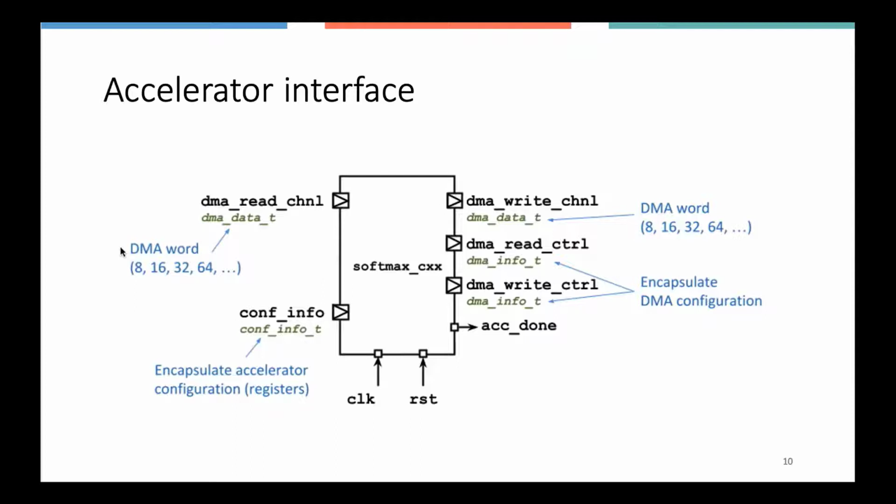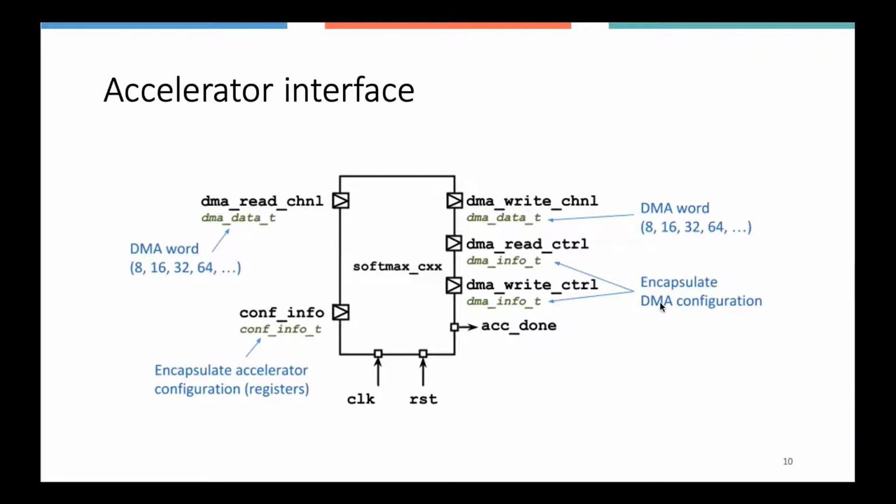To communicate with the CPU via memory mapped registers, we have a conf info port. This essentially encapsulates the accelerator configuration, the memory mapped registers. Then to program the DMA controller, we have two ports, DMA read control and DMA write control. These encapsulate the DMA configuration.